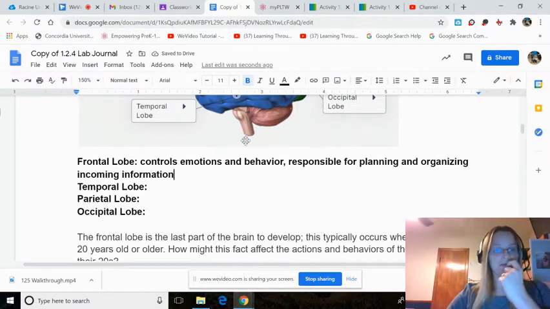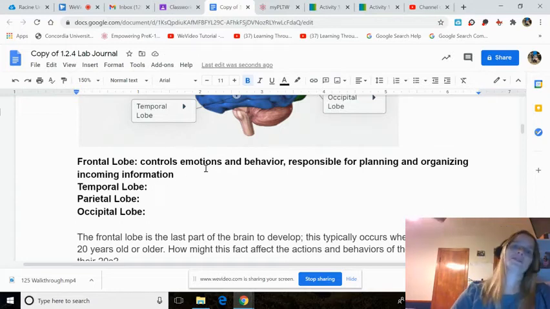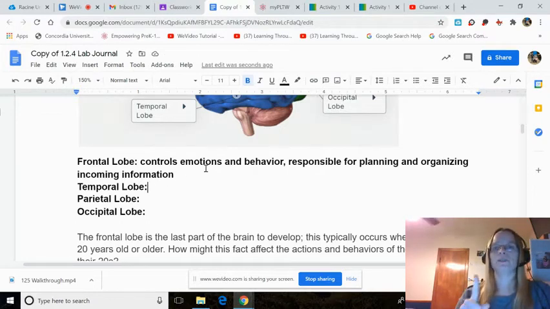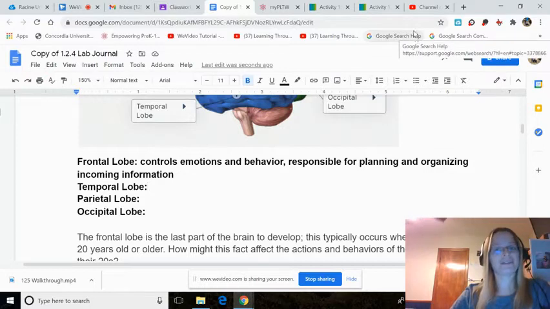Perfect. Now you know. Interestingly enough, when you drink alcohol, which none of you do, but if someday you choose to, one of the first places it affects is the frontal lobe, which controls your emotions and behavior. Interesting.